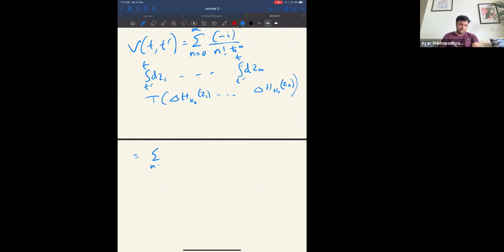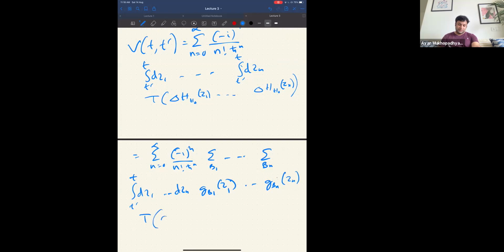If I substitute that, it becomes the sum over n from 0 to infinity of minus i to the power n over n factorial h bar to the power n, sum over B1 to Bn, and then d tau 1 to d tau n, all of these going from T prime to T, of G_B1(tau 1) to G_Bn(tau n), and the time ordered product of O_B1 to O_Bn, but now in the Heisenberg picture with respect to this H0, at tau 1 to tau n.